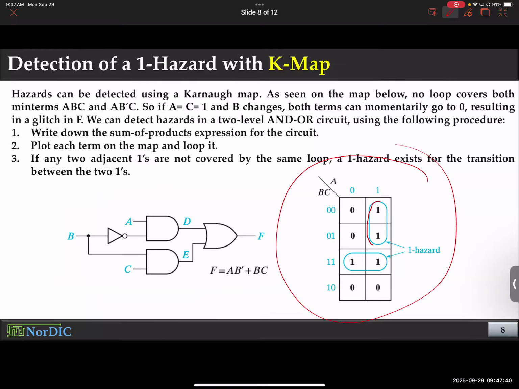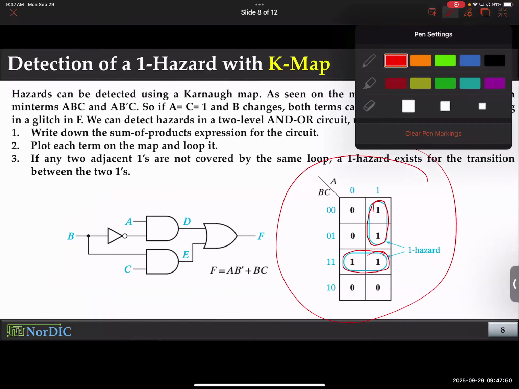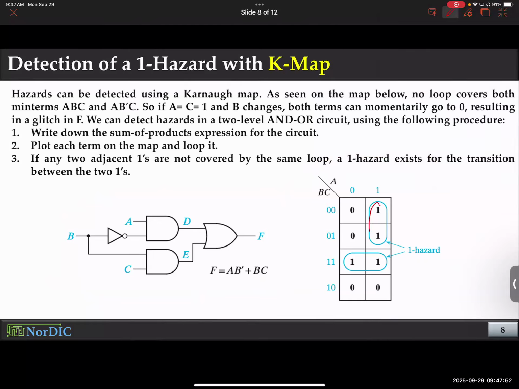We try to cover all of them and repeat as little as possible. We don't repeat without any reason, right? So if you group these two ones, you're good. You can come up with a functional output and you'll see this is exactly this one. Does that make sense to everybody?